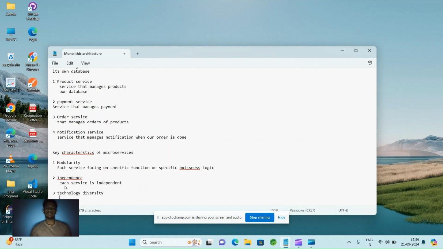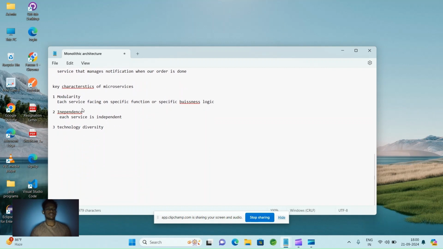In microservices, each service is independent, so we can use various technologies in various services. Like we develop the product service in Java, it's good. We can develop the payment service in JavaScript also. We can develop the order service in PHP also. It gives us freedom to choose whatever language you want.